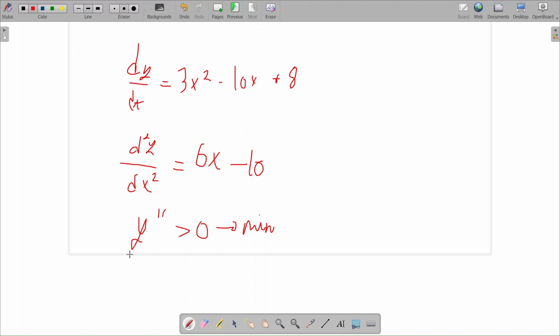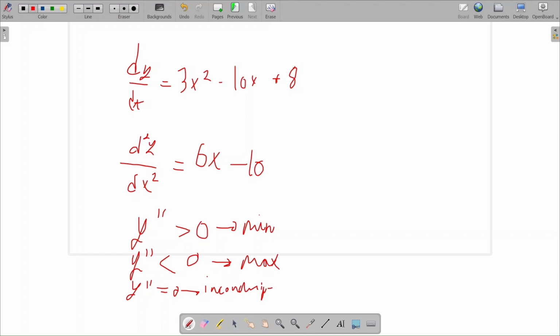However, if the second derivative at the point you choose is less than 0, your point is going to be a maximum. Now, if y prime prime equals 0, then the test is inconclusive, and you would need to construct the table of variation. So I'm just going to write inconclusive.